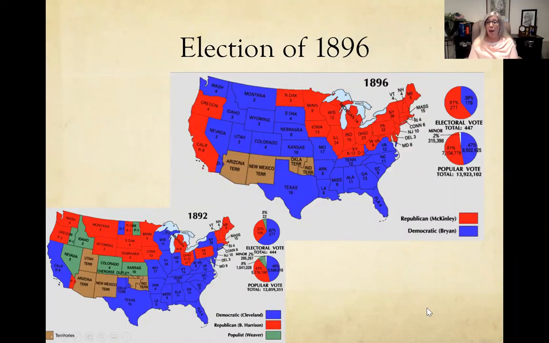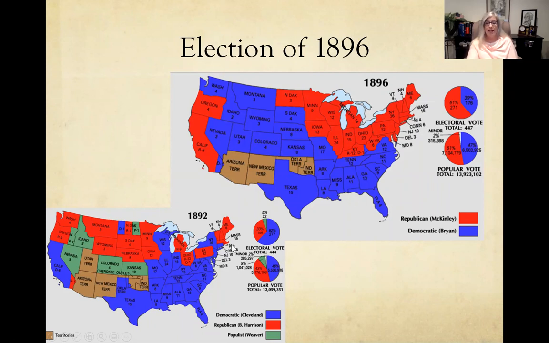So here's the outcome. As we would expect, William Jennings Bryan carries the West. Typically had been the populist, right? So I brought this back in 1892. Here's the populist vote. So here they're going to gain votes for William Jennings Bryan because he's got the same beliefs, and he also carries the South.